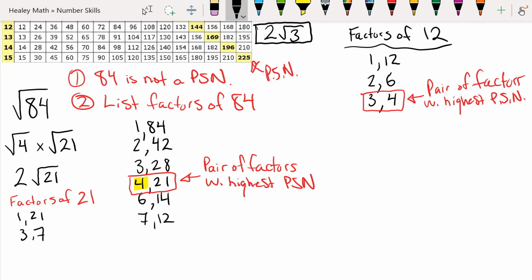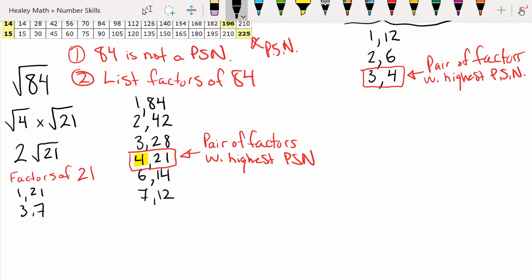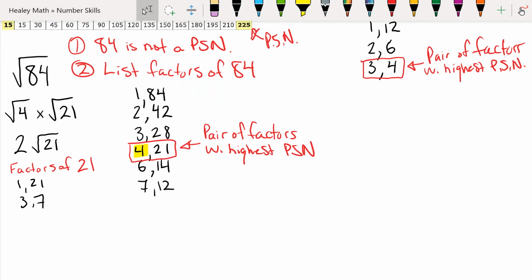With only 2 pairs of factors, none of which have a perfect square number, we cannot simplify any further. So, ultimately, we know that the square root of 84 simplified is 2 root 21.